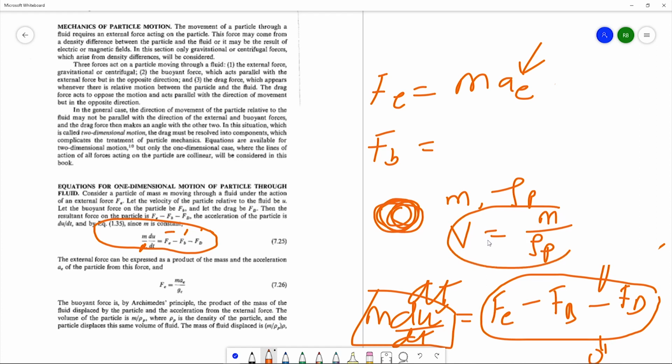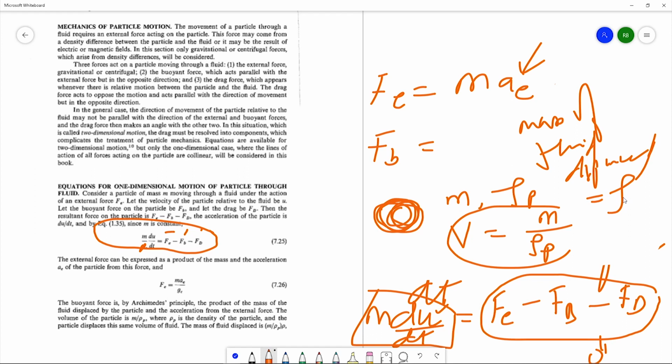Now, what will be the mass of the fluid of this volume? So the mass of the fluid displaced will be equal to what? Density of the fluid, that is rho.